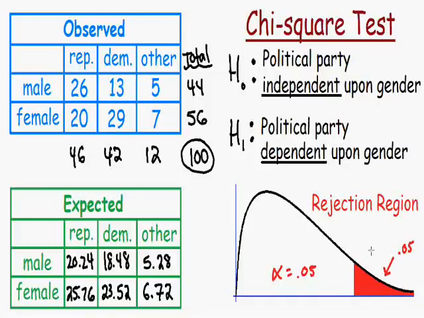And if this value happens to fall in the rejection region, that means we can reject the null hypothesis, which states that the political party is independent upon gender, and we can accept the alternative, which states the political party is dependent upon the gender. So this rejection region allows us to make a conclusion at the end of our test. So now that we've stated our level of significance, we are ready to move on to step number 3.